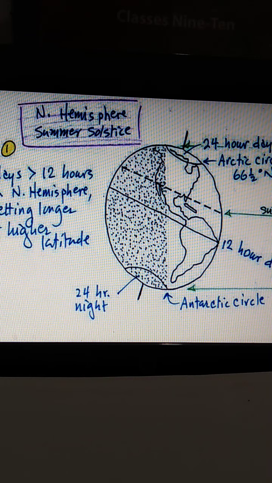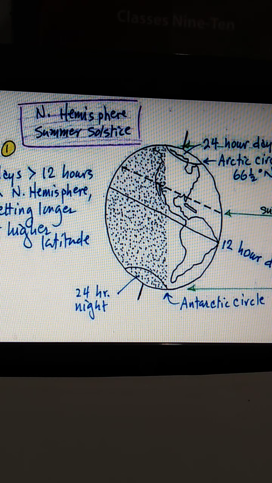On this day at 12 noon, the sunlight falls over 23.5 degree north latitude, that is the Tropic of Cancer, vertically, that is at an angle of 90 degree. The day on 21st June becomes longest in the countries of the Northern Hemisphere, and night becomes the shortest. The opposite condition prevails in the Southern Hemisphere.